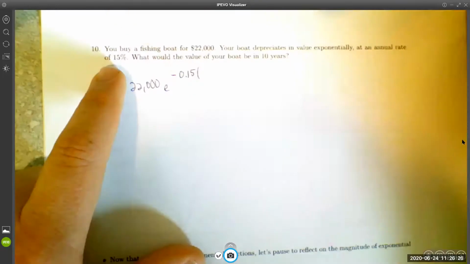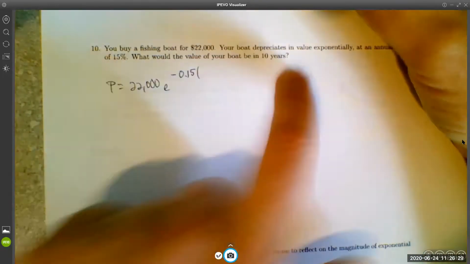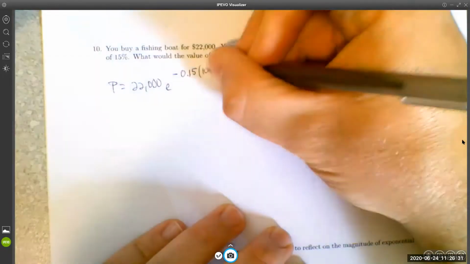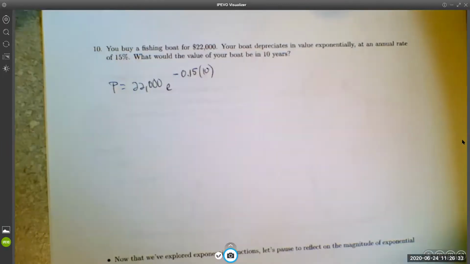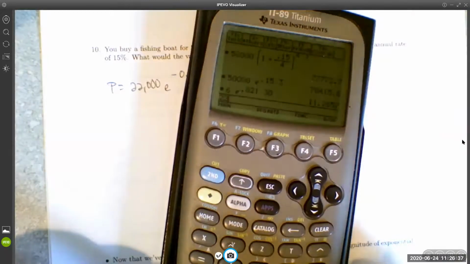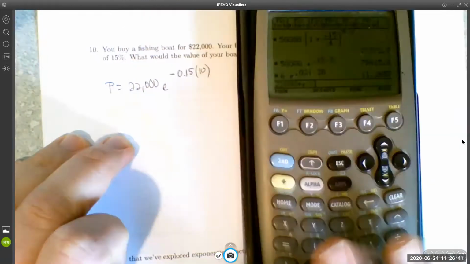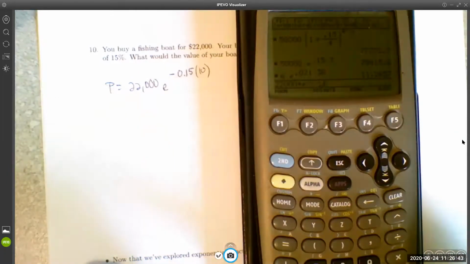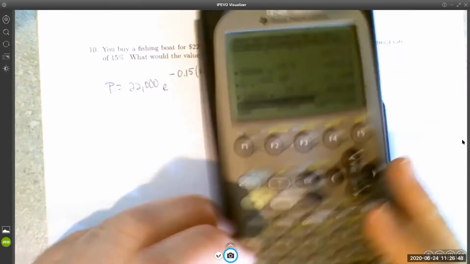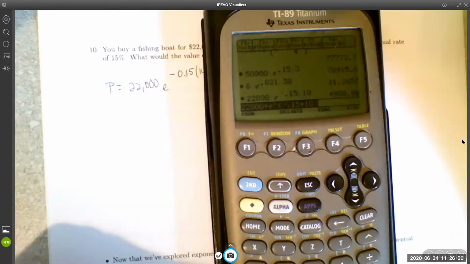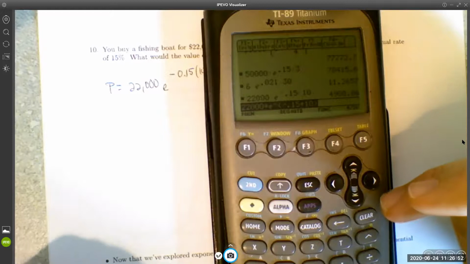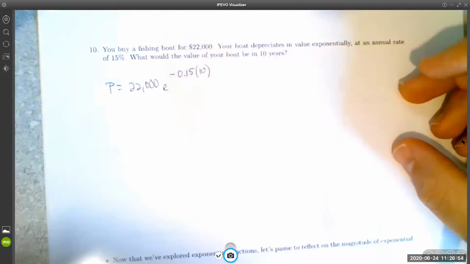And we want to know what the value is going to be in 10 years. 22,000 times e to the power of negative 0.15 times 10 is $4,908.86.